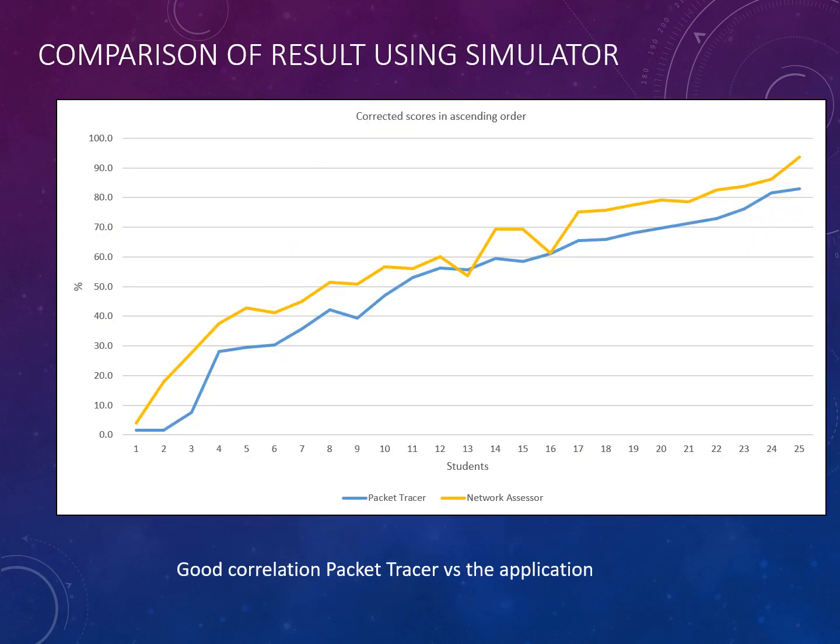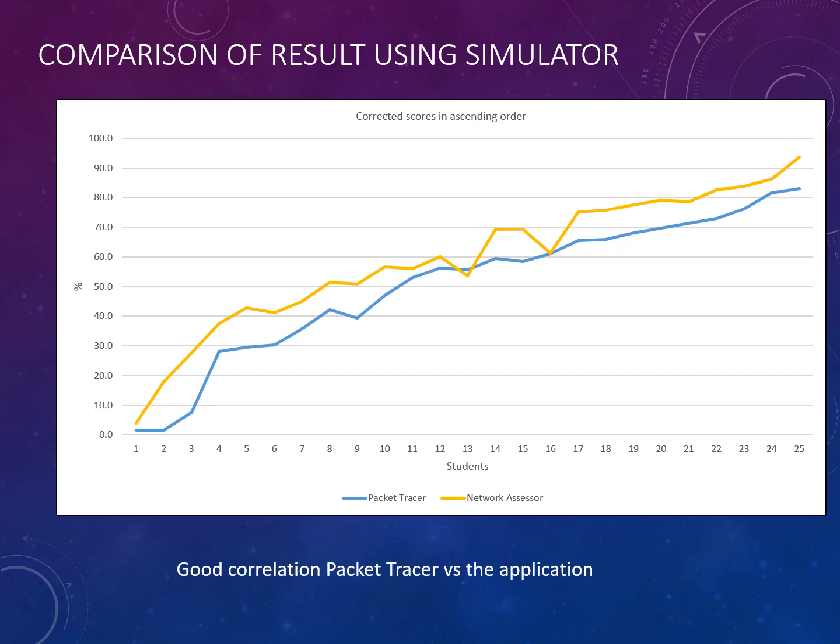Now, we ran the exercise within the Packet Tracer network simulator, and Packet Tracer has its own assessment automation built in, so we were able to use that. And we also took the configuration files from the simulator, and we used the Network Assessor, the new application, to also assess the same exercise.